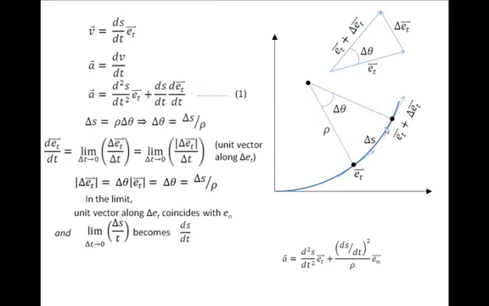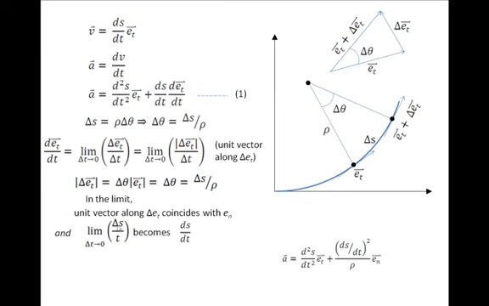It's not difficult to imagine that when this one comes close here, the delta et direction coincides with the direction of the normal at this point, that is, the direction of en.